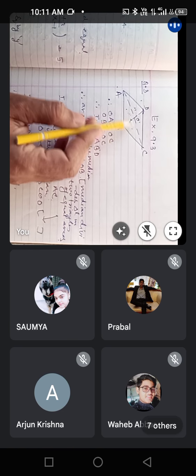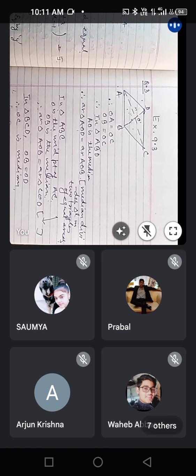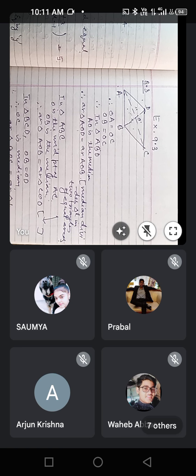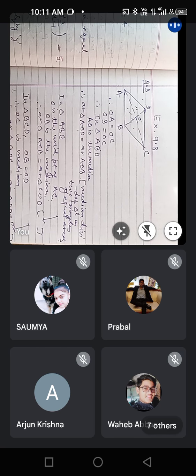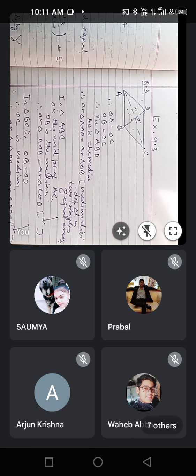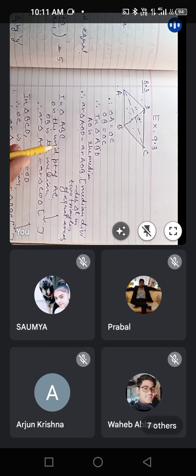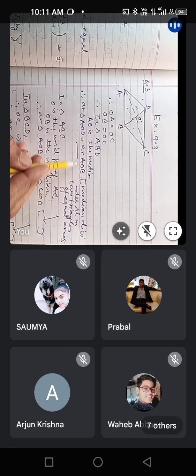This is the median. Therefore area of triangle BOC is equal to area of triangle DOC. The reason is the same: the median of a triangle divides it into two triangles of equal areas.